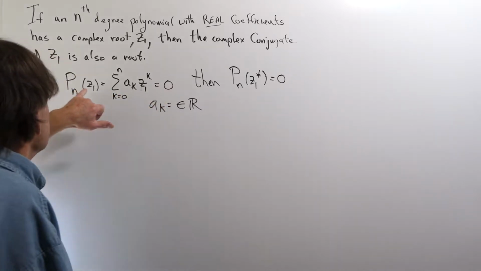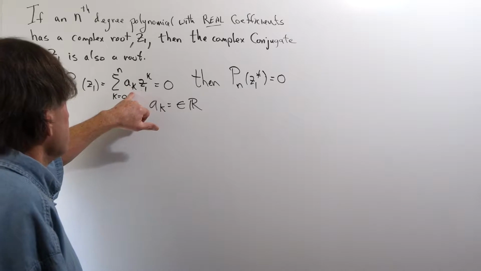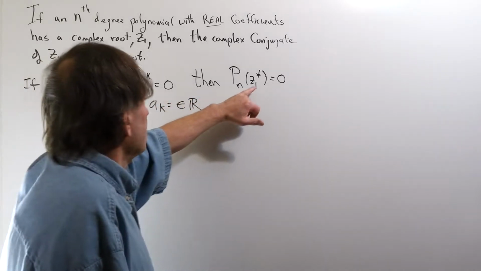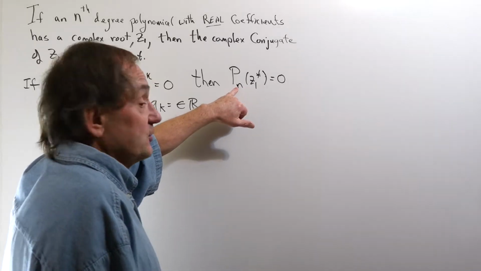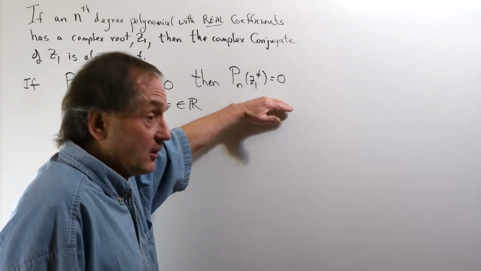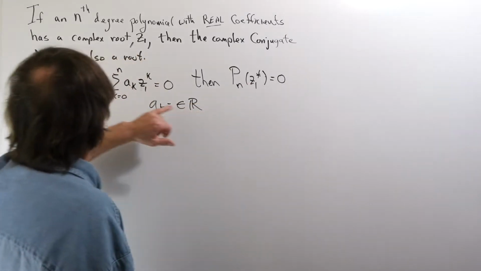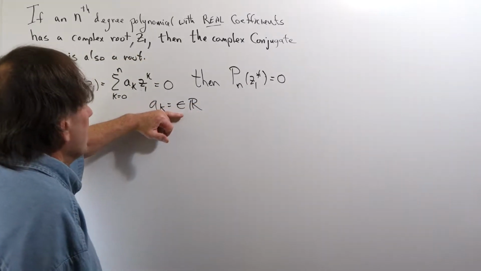Then if z1 satisfies this equation, that is, makes the equation 0, then z1 conjugate substituted into that same equation also gives us 0, and the coefficients are in the real numbers.